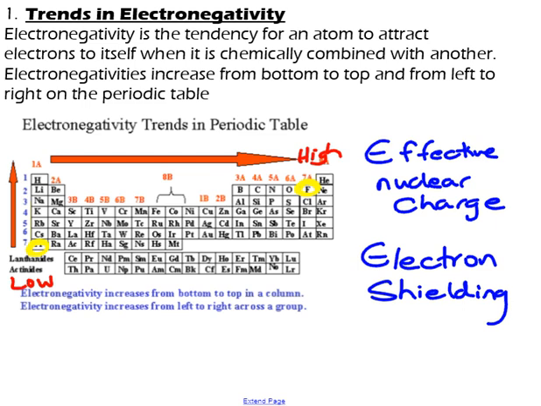Although it has a very large nucleus with 87 protons, because it has 7 rings of electrons, a neighboring atom can barely, if I could use air quotes, see the electrons or the protons in the nucleus, and therefore there's so much electron shielding that you cannot have a very high electronegativity.